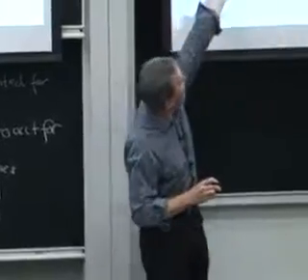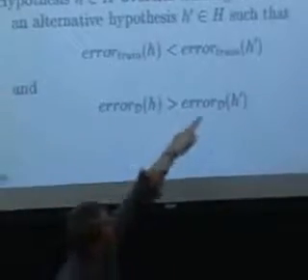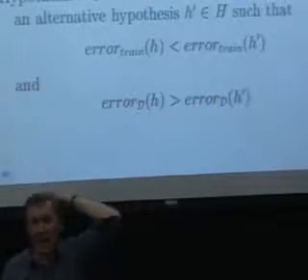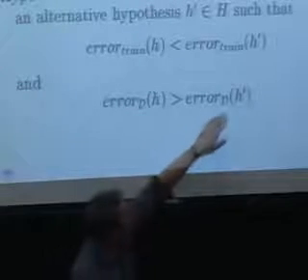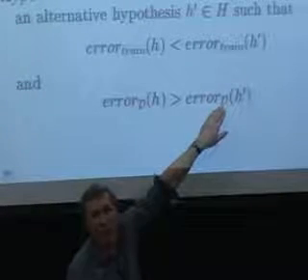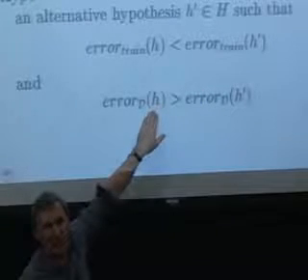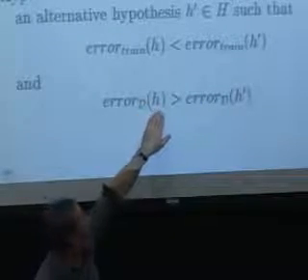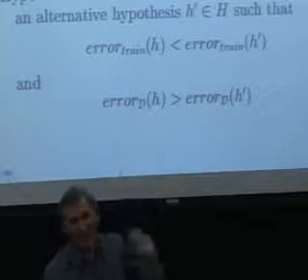But we'll say that the output hypothesis H overfits the training data if there's some other hypothesis we could have output, H prime, where H prime does a better job over the distribution of future examples, has a smaller error than H, but it looked worse on the training data.